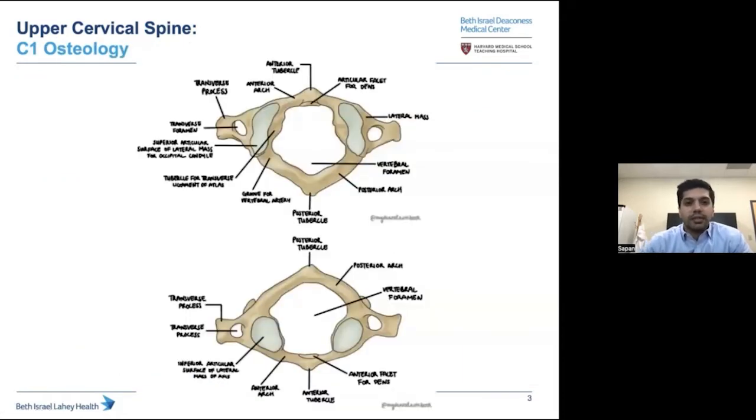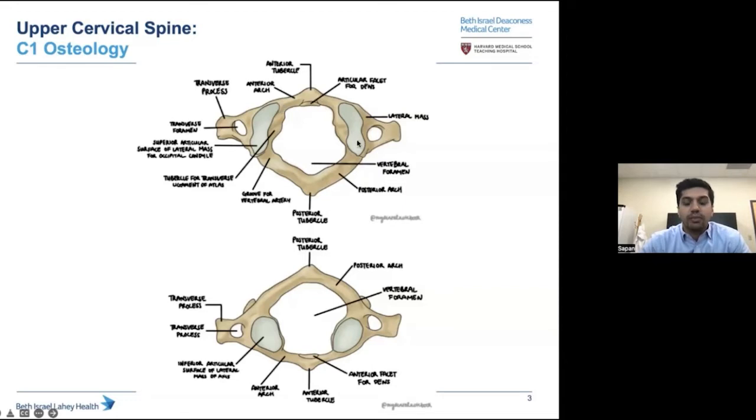Talking a little bit about the osteology of C1, you can see here, this is as if we were looking at C1 from the top down, so from the skull into the spine. And it's shaped like a ring. This is the defining characteristic of the osteology of C1.